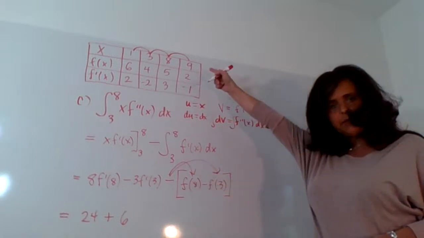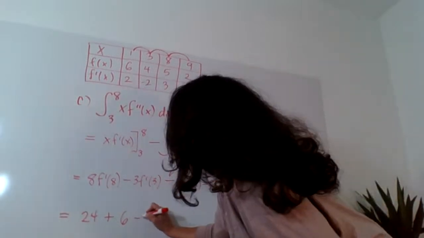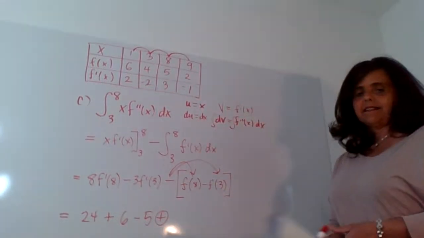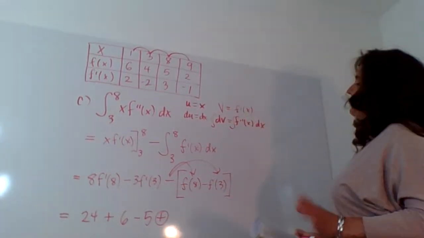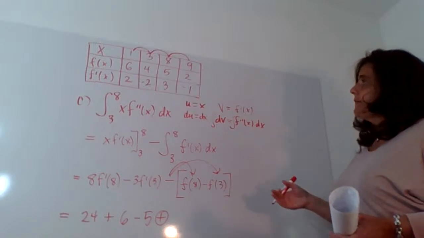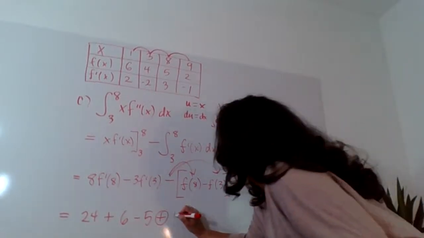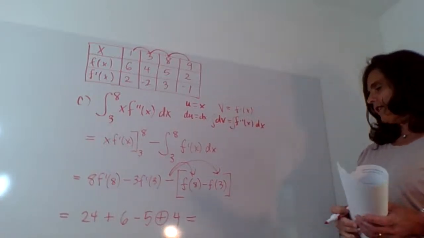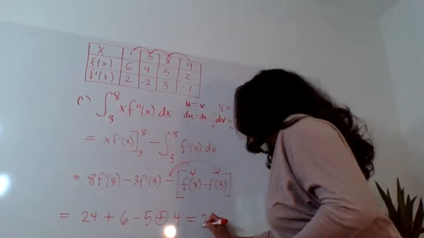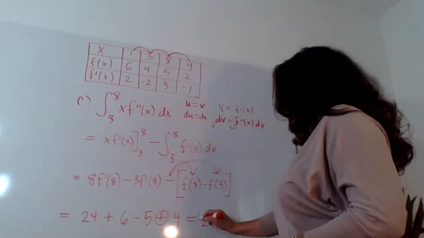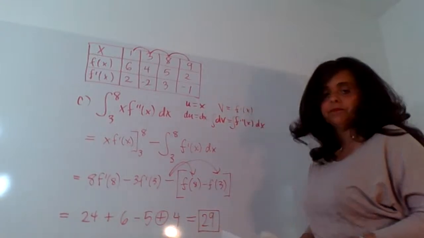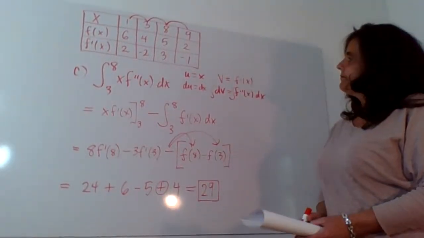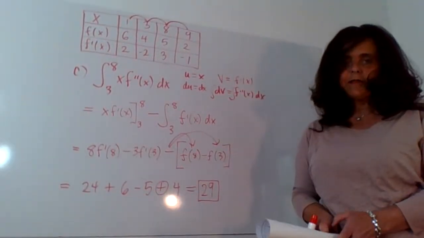F of 8 from the table is 5, so we're going to say minus 5, but then the 2 negatives on the end, that's a key. I think some people might mess that up, but hopefully not. F of 3 from the table is equal to 4. So now if I just do the basic math here, I have 30 minus 5, 25 plus 4, 29 for my value for the integral. Okay. That looks good. Integration by parts.